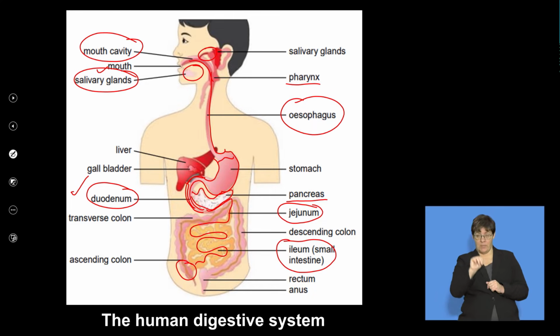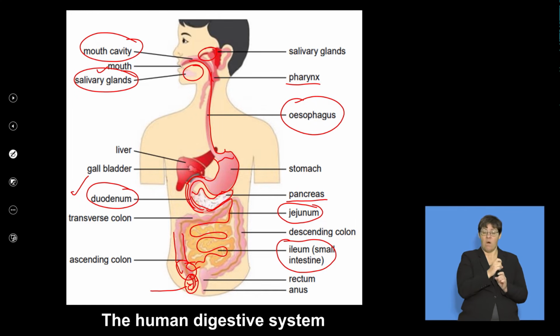Okay? We then find that that connection between the ileum and the colon is present here with a little structure that is a remnant of an organ that we had in the past.